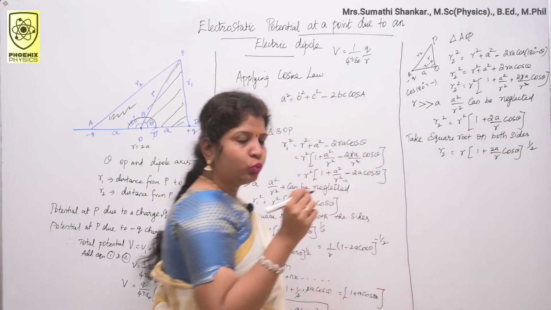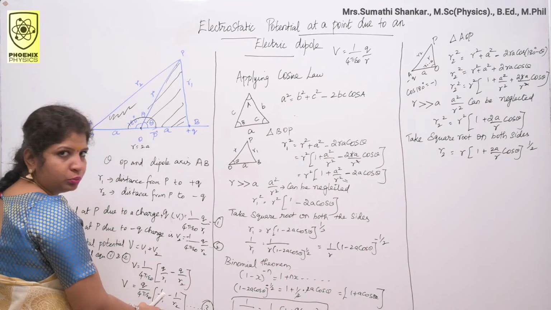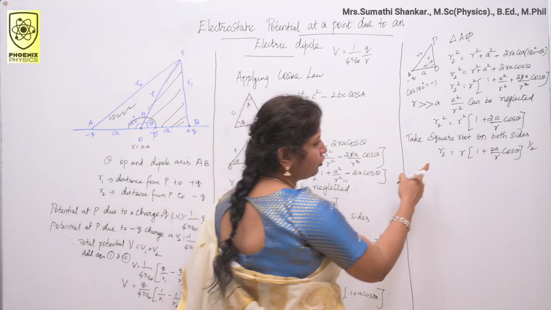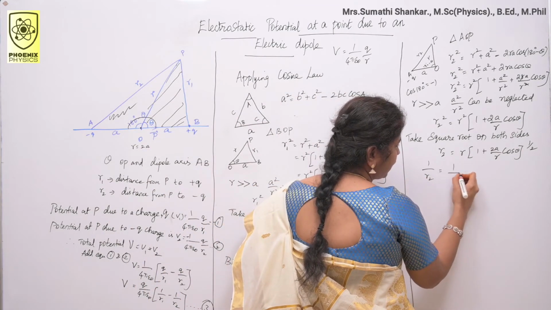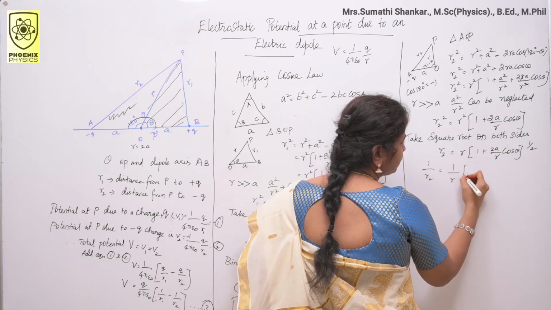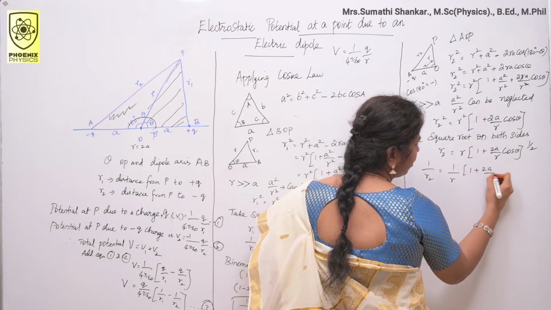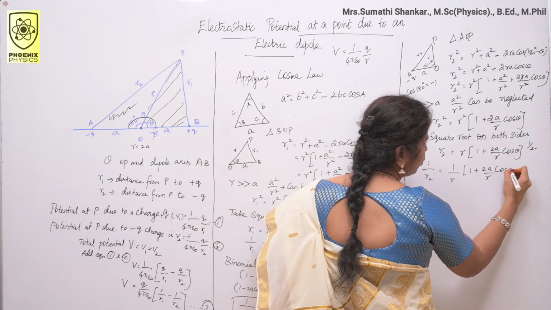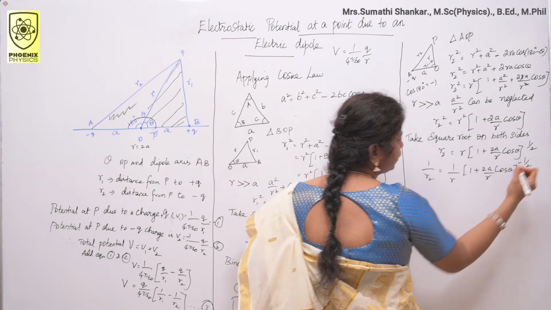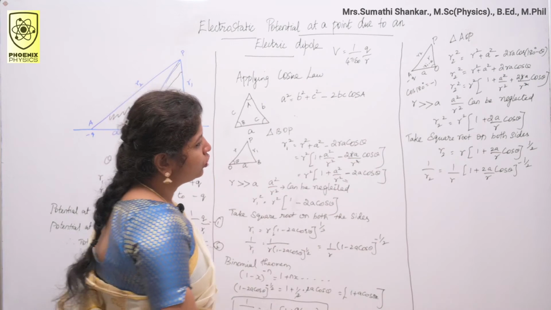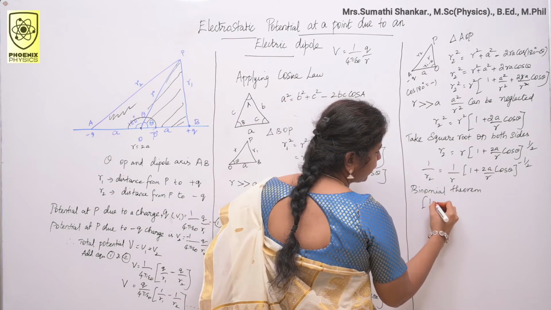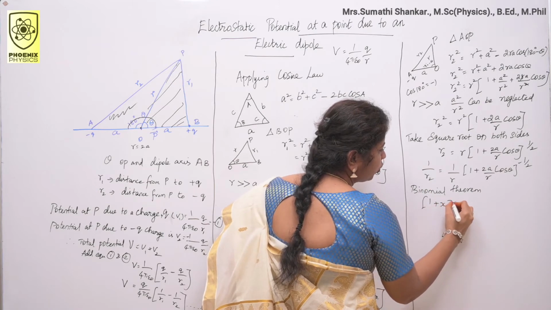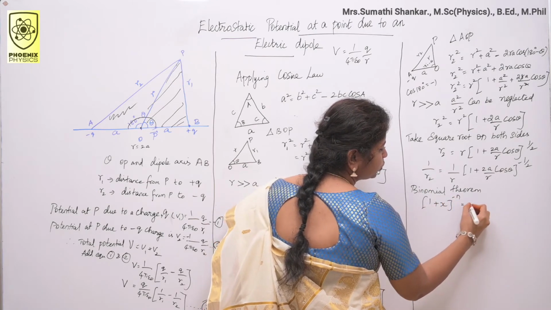Next I want the 1 by r2 term. So you take the reciprocal of r2, that is 1 by r2 is equal to 1 by r. This term becomes 1 plus 2a by r cos theta, the whole power minus 1 by 2. Now you apply the binomial theorem. 1 plus x, the whole power minus n, is equal to 1 minus nx.